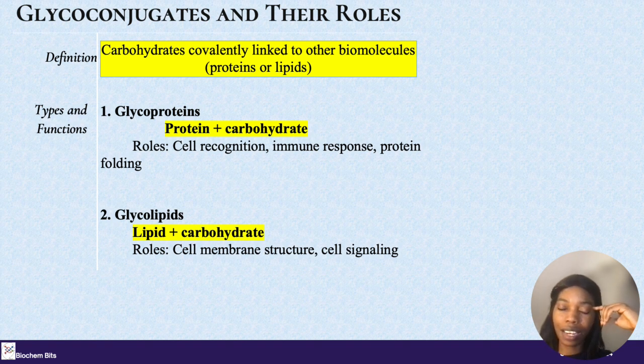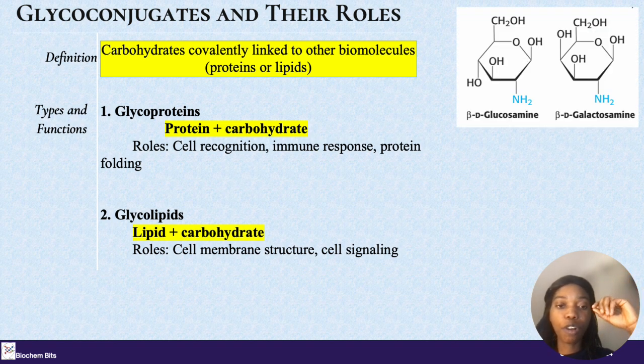An example is the mucin that we have in our mucus, which contributes to the major lubricant function in our mucus. Now the second glycoconjugate I want to look at is glycolipids, which is quite ubiquitous in most of our cell membranes, and it plays a role in cell-to-cell interaction.